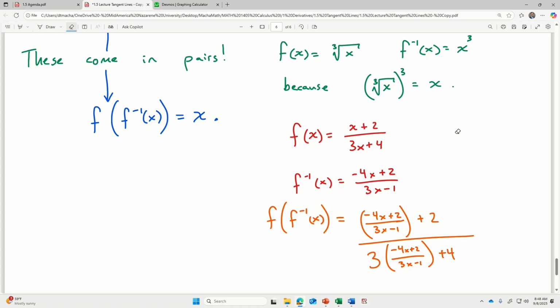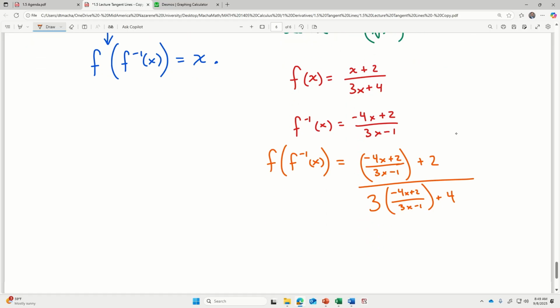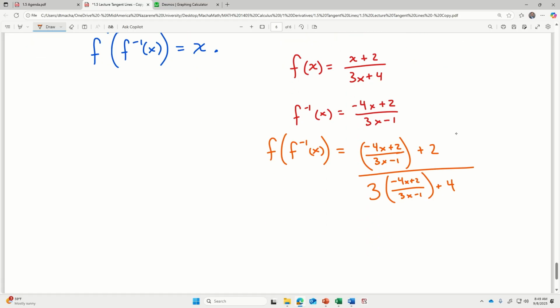Okay, so I just looked at my original function, and instead of having an x, I'm plugging in the whole inverse function for the x. Since these should be inverse functions, at least I'm trying to make them inverse functions, I should be able to just compose these two and get x back. This does not look like x, does it? But we can try to simplify a little bit and see what happens.